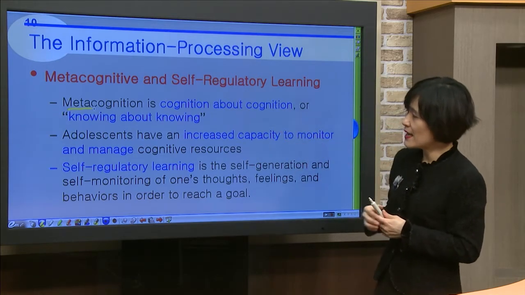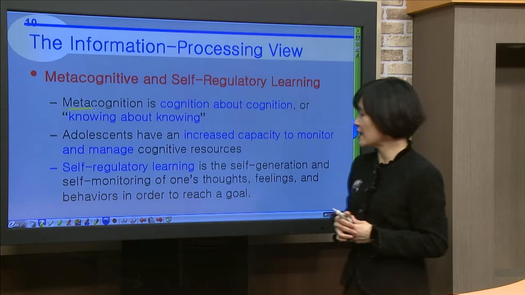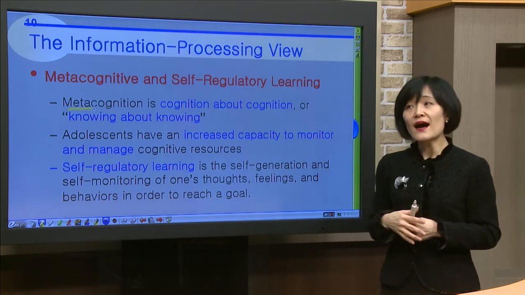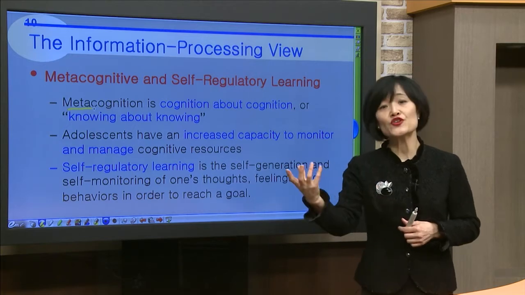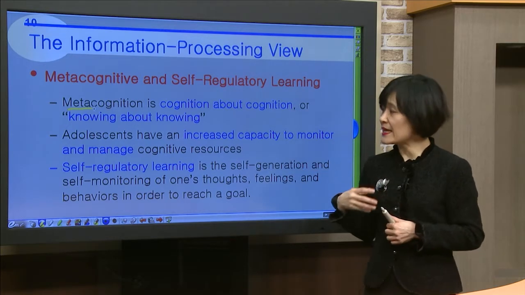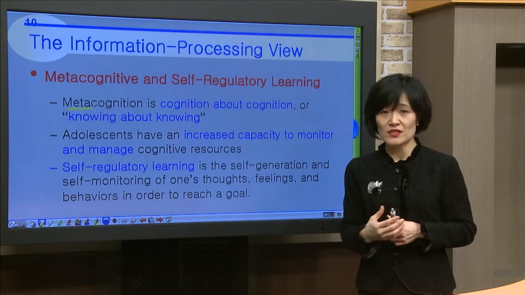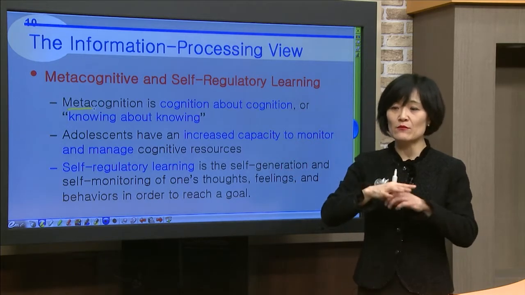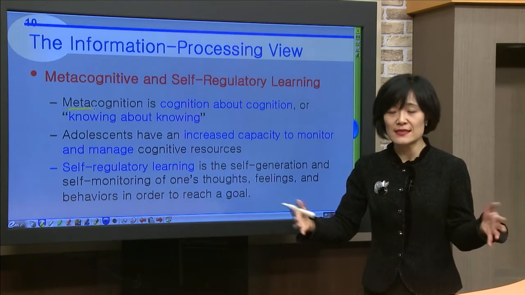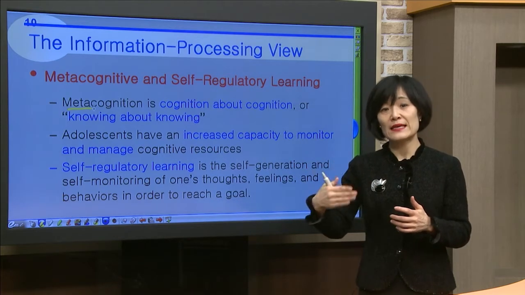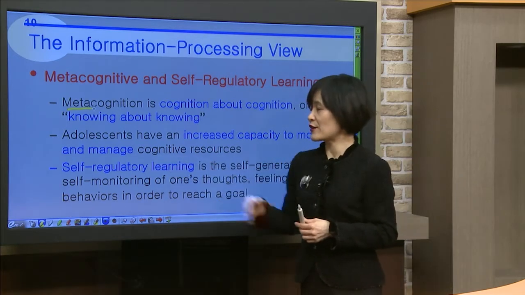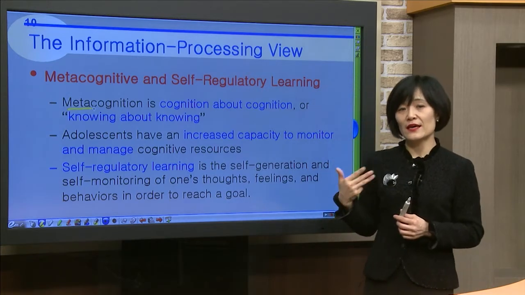And self-regulated learning is self-generated, not just imposed by other people or teacher-guided learning. Adolescents regulate and guide themselves. This is my goal, and I can monitor my learning process, and I can set up small steps of objectives to speed up my learning. So that is self-regulatory learning.